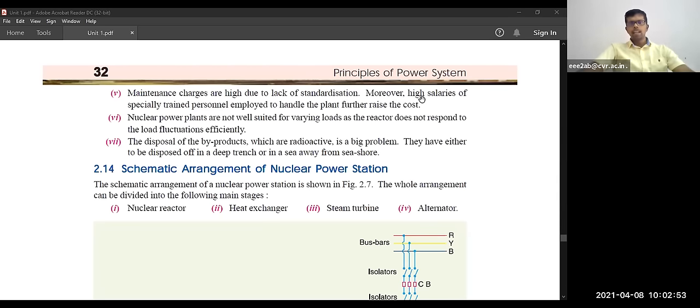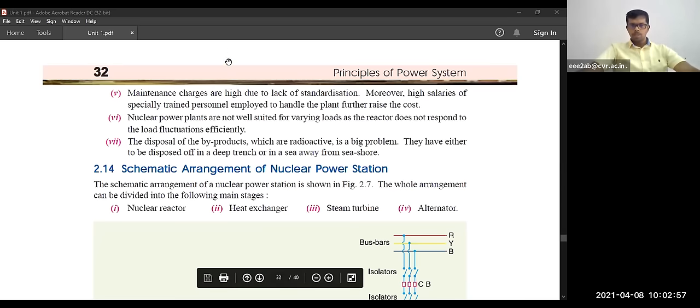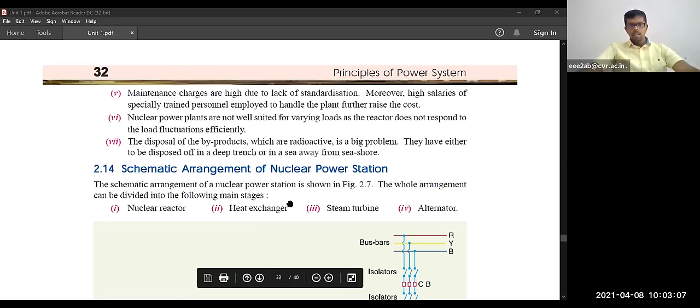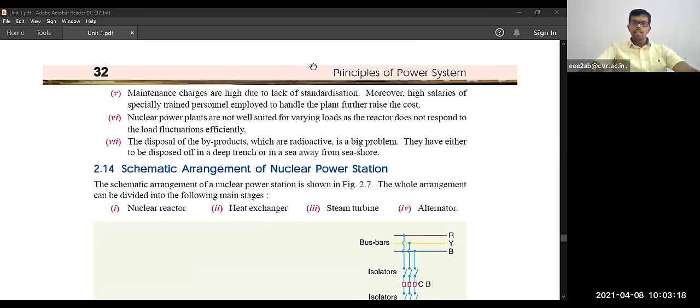A normal assistant engineer working in a nuclear power plant, if you see the scales, will get more than 2 lakhs per month. But imagine, safety is a very big question mark here. Those who are working there, even if you get more salary, once any accident happens, then I don't want to say that.